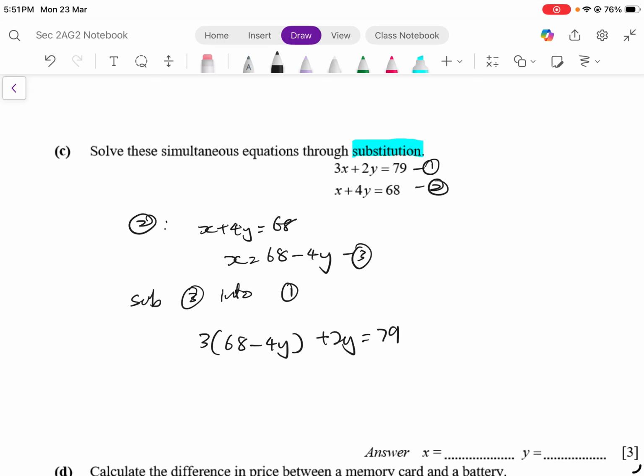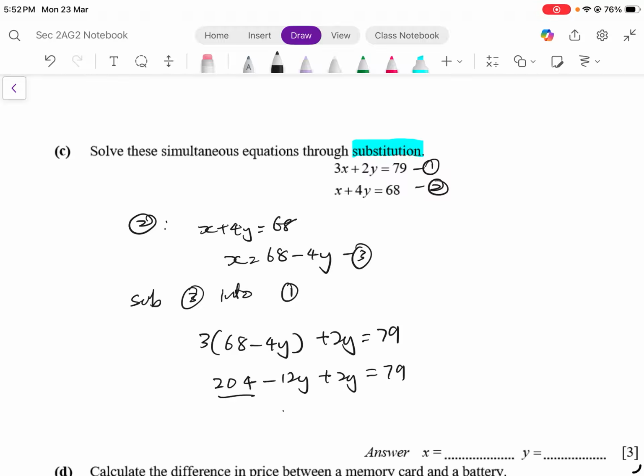So multiply. Sorry, wrong, 3 times 68. So 3 times 8 is 24, so 204 minus 12y plus 2y equals 79. So I bring this over.